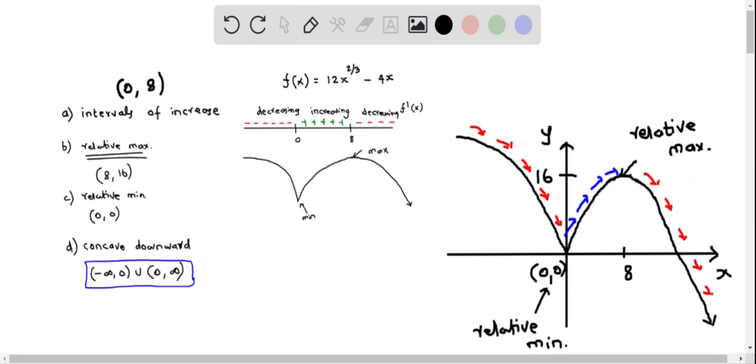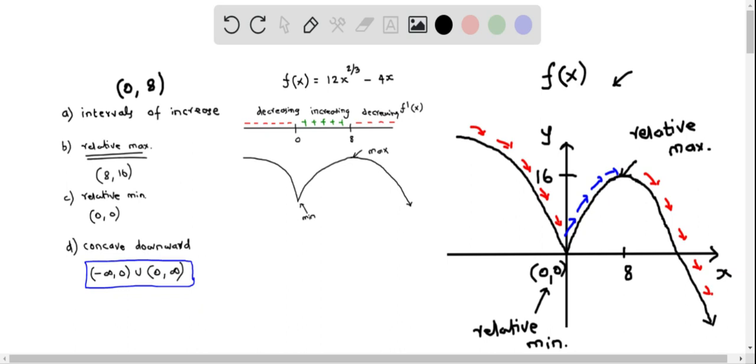We now sketch the graph of f of x using the information that we have determined from parts A through D. So here I have drawn the sketch of f of x, showing all the information which we determined from parts A to D. That is, I have shown this is the increasing interval from 0 to 8, and in the intervals negative infinity to 0 and 8 to infinity, it is decreasing.